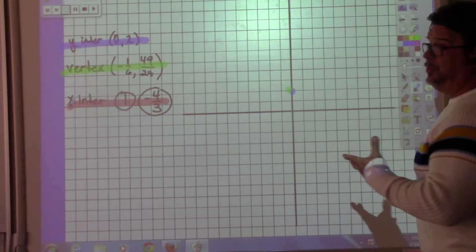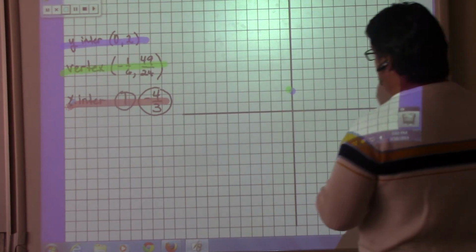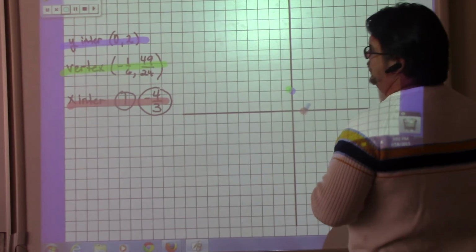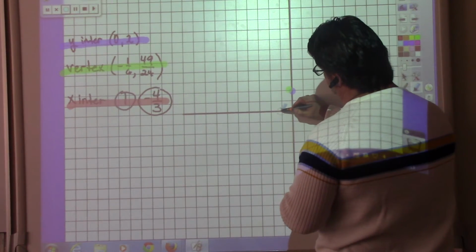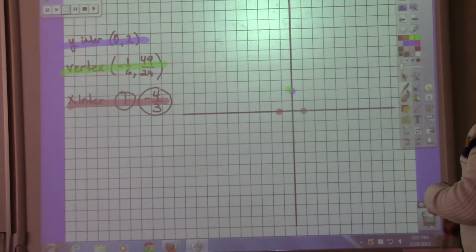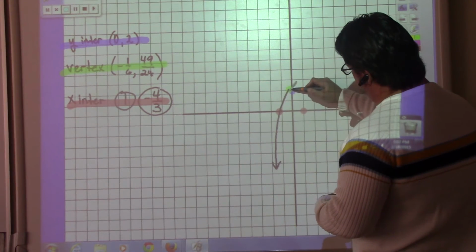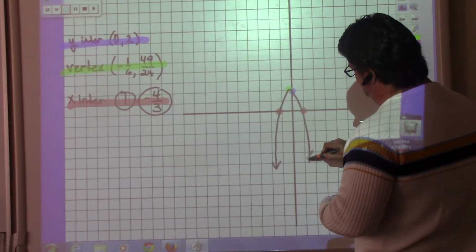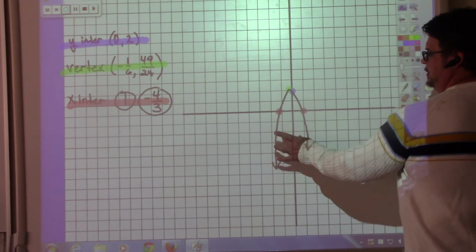And if you're catching on to that, you're catching on real good. So 1 is right here, and negative 4/3 is negative 1 1/3. So it looks like it's lining up pretty good, because A told us that it's opening down and it's more narrow.